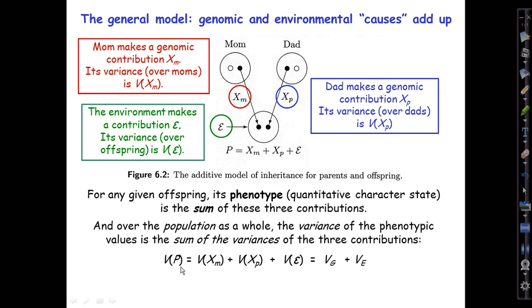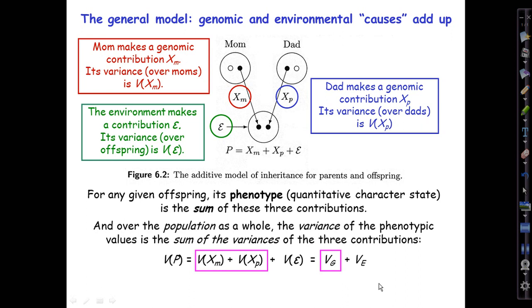The phenotypic variance, which is actually the scale on which we're going to be focusing for most of the time, the phenotypic variance, the thing to be explained, is decomposable, Fisher realized, into these parts: the variance of the maternal contribution, the variance of the paternal contribution genetically, and then the variance of the environment. And these are more conventionally boiled down to V sub G for the genetic variance and V sub E for the environmental variance.